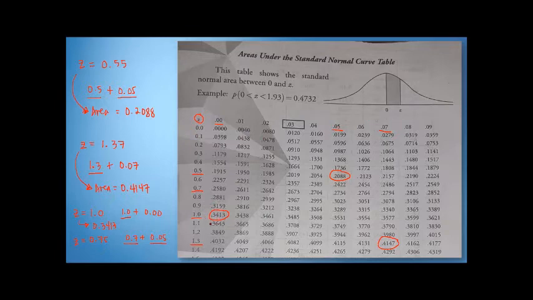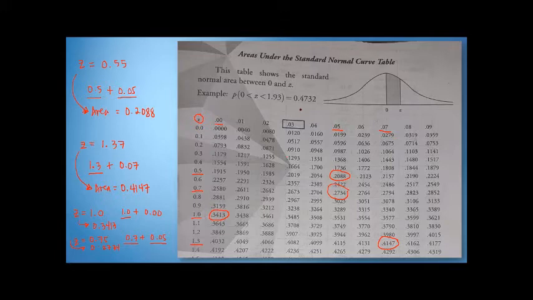So ito, baybayin natin, 0.7 hanggang marating yung column ng 0.05. Then yung 0.05 pababa, yung intersection nila, that is the area. So ito ay 0.2734. So ganito yung paghanap ng areas under the standard normal curve using the table.